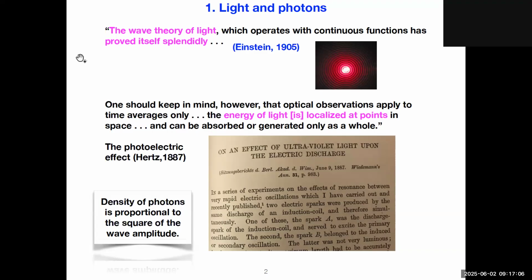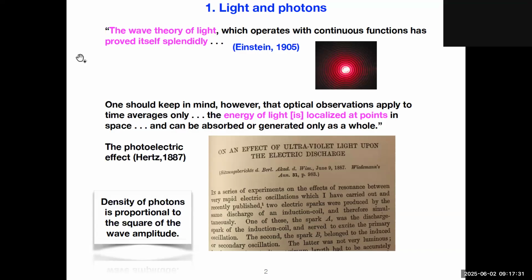Okay, so light and photons. If we think about this in the big picture, it's old and it's not that old, depending on how you look at it. The wave theory of light, said Einstein in 1905, 120 years ago. And I can tell you, young people, that's not that long.